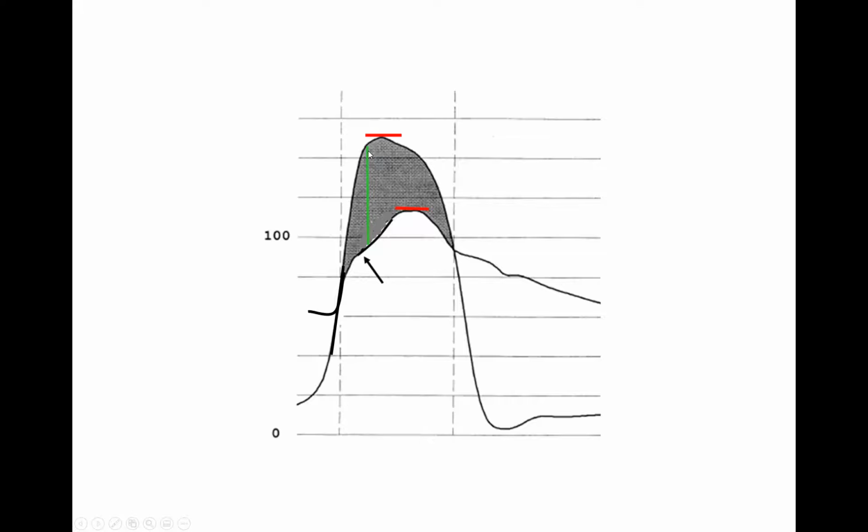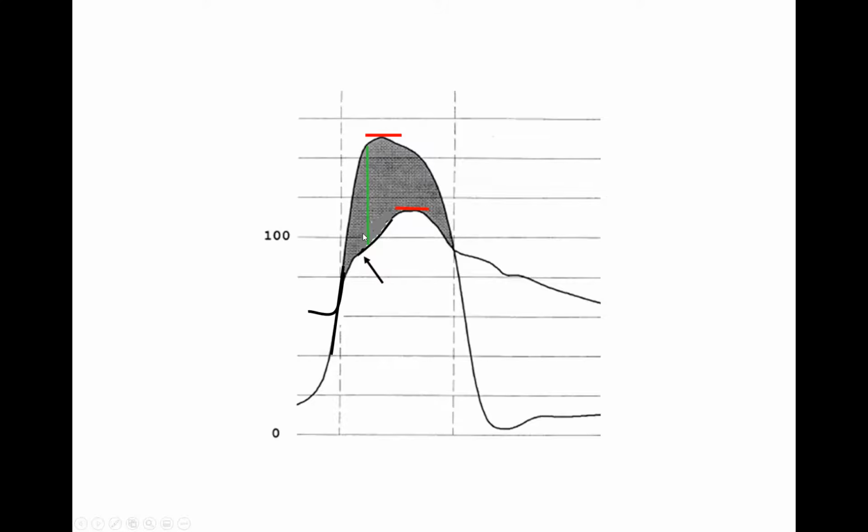By echo, I hope everybody who's done echo knows that the peak instantaneous gradient is higher than the mean. But what's the relation between mean and peak instantaneous gradient? Does anybody know? Compare the mean gradient to the peak instantaneous gradient. What's the correlation? The mean gradient is 0.7 times the peak instantaneous gradient. Yes, close to that.